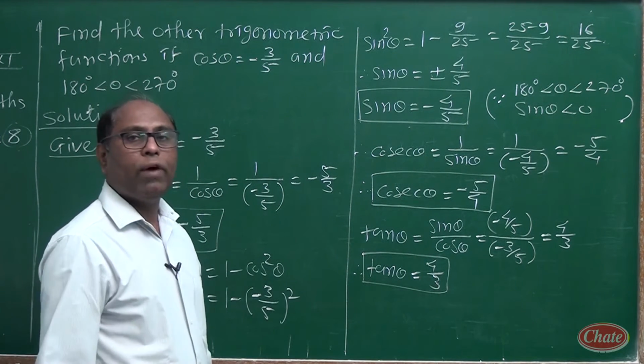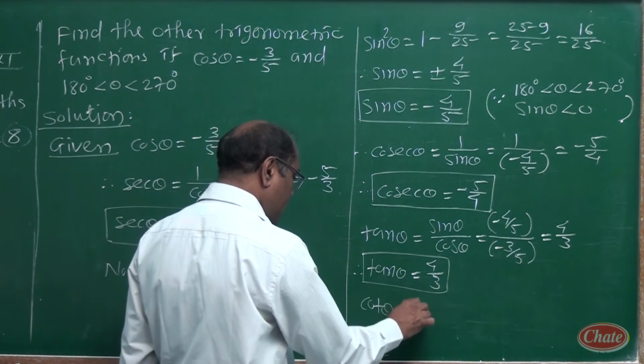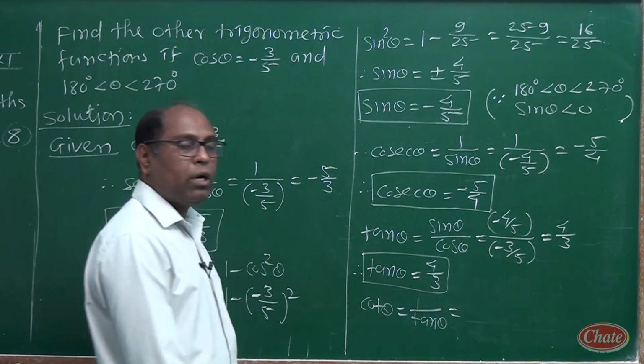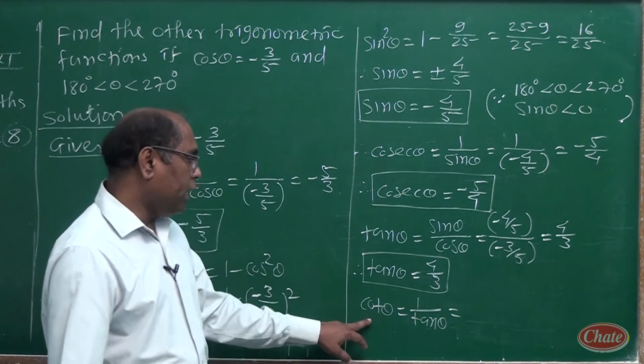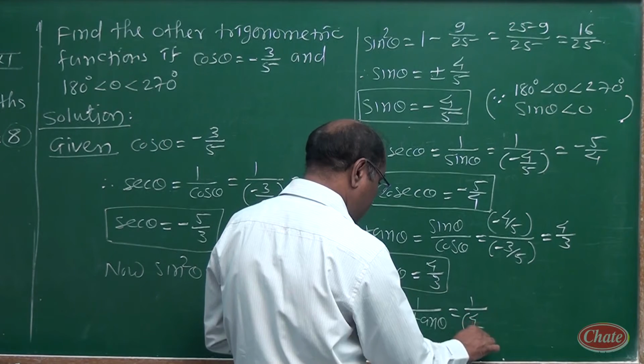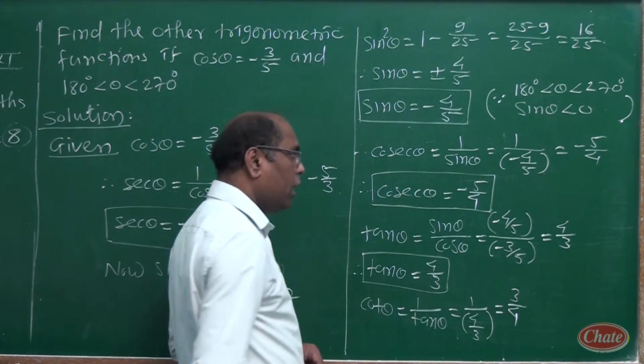Now we have to find out the value of cot theta. What is cot theta? Cot theta is equal to 1 upon tan theta. So that is 1 upon 4 by 3, which is equal to 3 by 4.